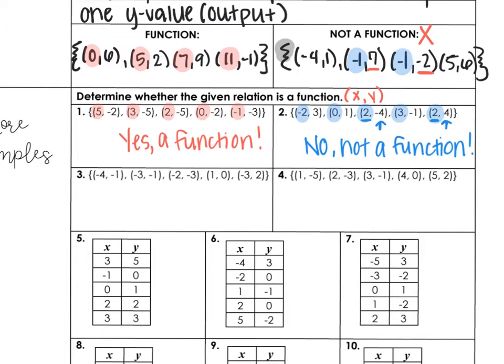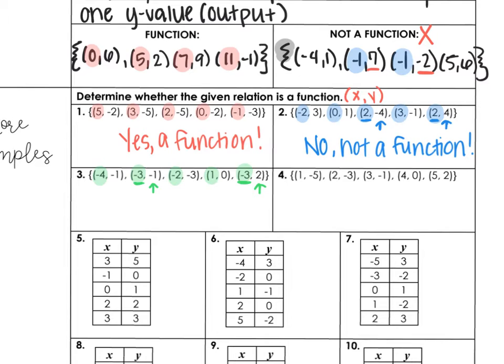Let's check number 3. Let's check our x values. I see that we have two -3s, and let's check the y's. So we have a -1 and a 2.